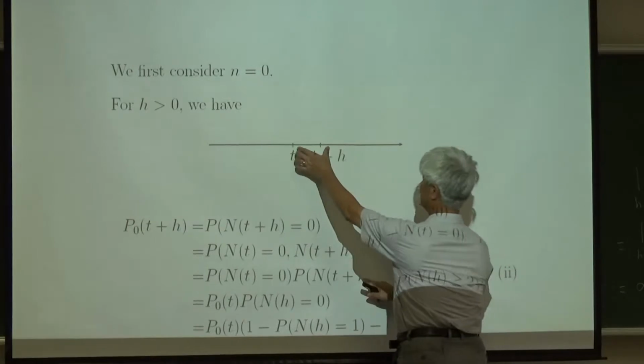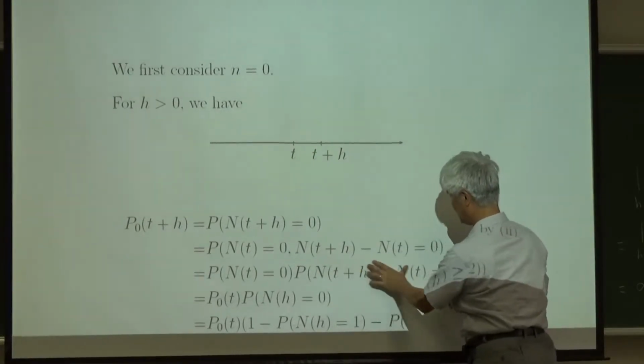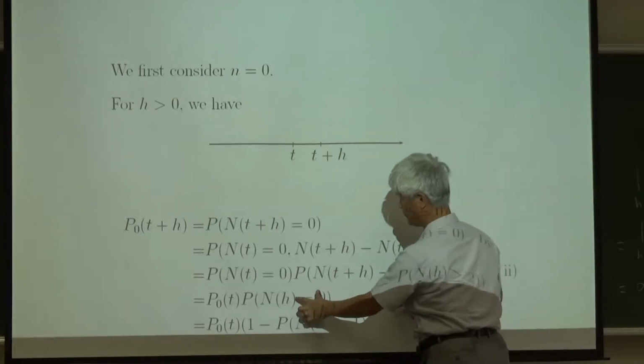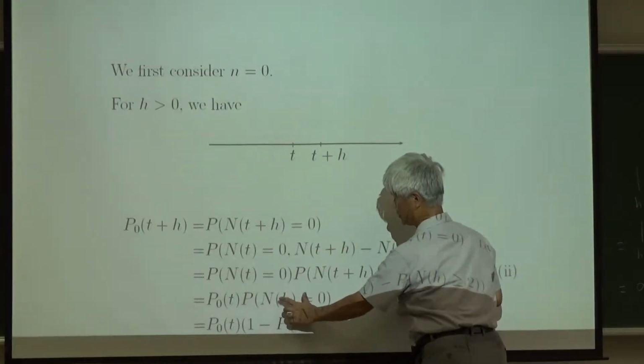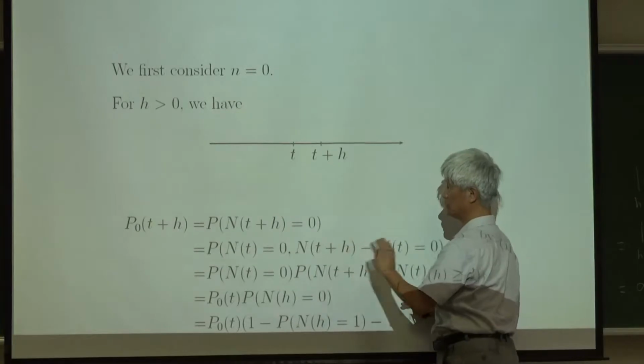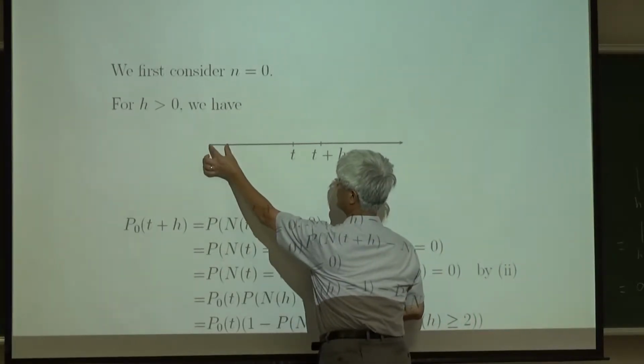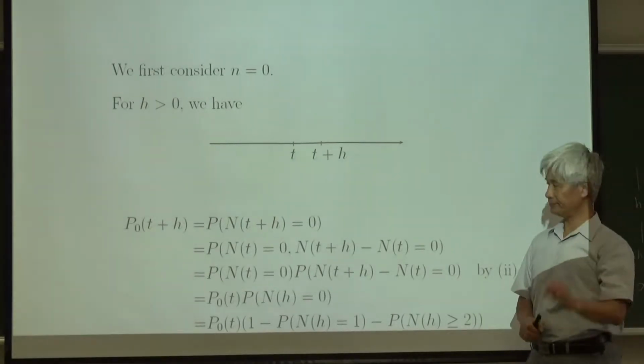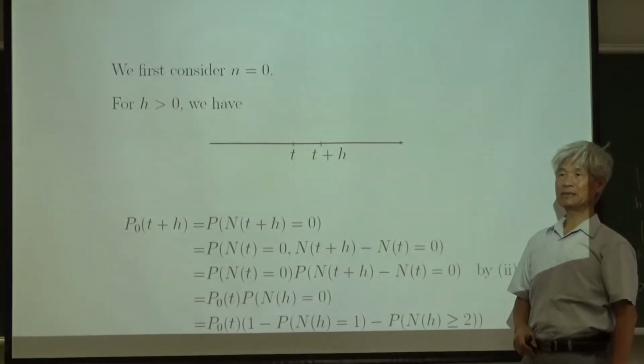Because the length is h, this random variable has the same distribution as N_h, because N_h is from 0 to h. Other questions?